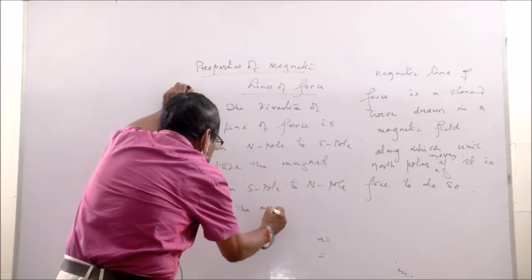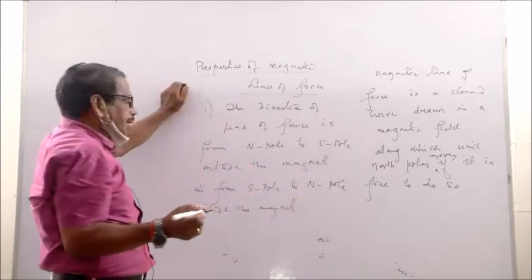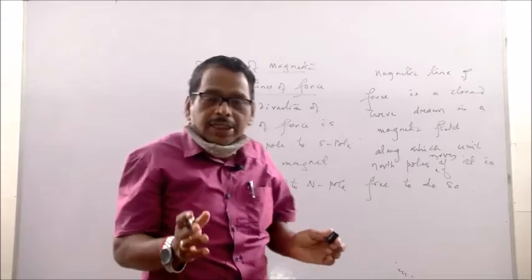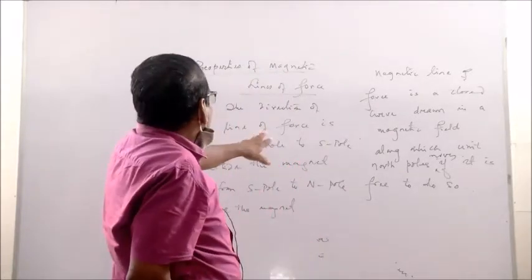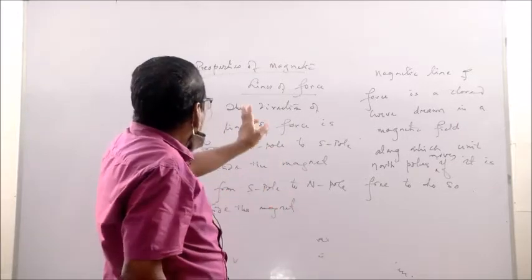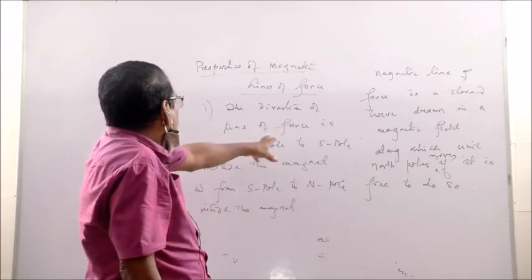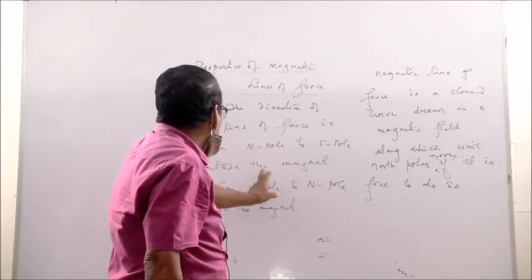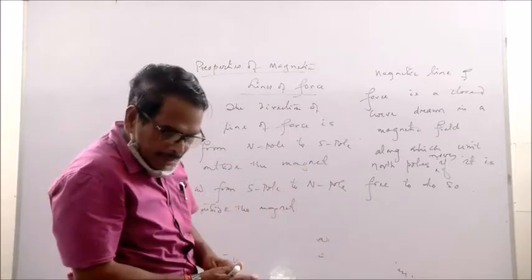So, magnetic lines of force exist inside the magnet as well as outside the magnet. This is the only difference between electric line of force and magnetic line of force. Electric lines of force remain outside the conductor, there is no electric line of force inside a conductor, but magnetic lines of force do exist inside a magnet. The direction of line of force is from north pole to south pole outside the magnet and from south pole to north pole inside the magnet.